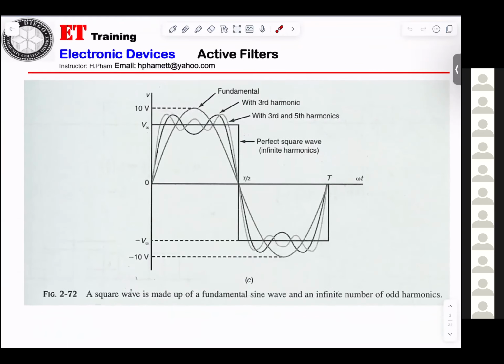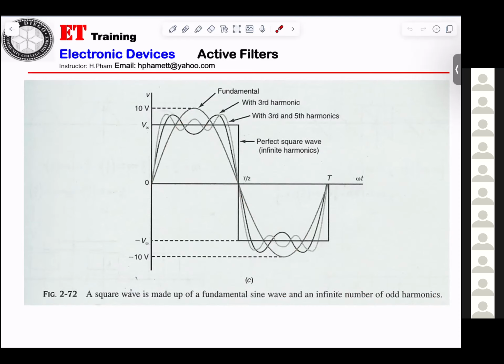Okay, thank you. Now, you see this signal here. Basically, you get this as sine wave. Okay? Square wave is made up of a fundamental sine wave and an infinite number of odd harmonics. Now, you get a sine wave here, and each sine wave can have a different frequency.